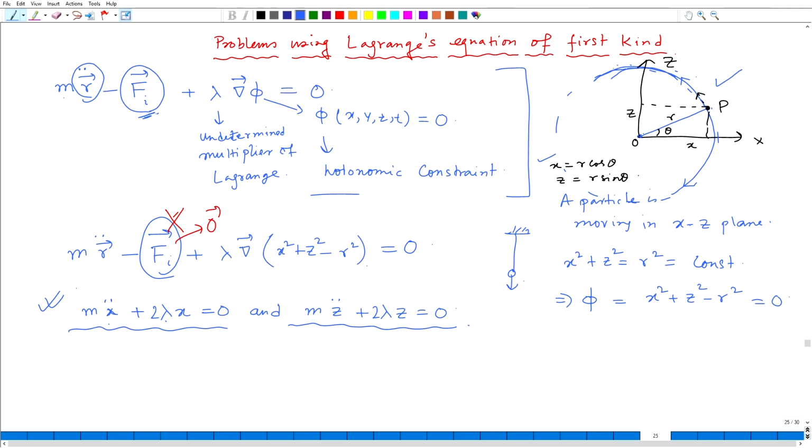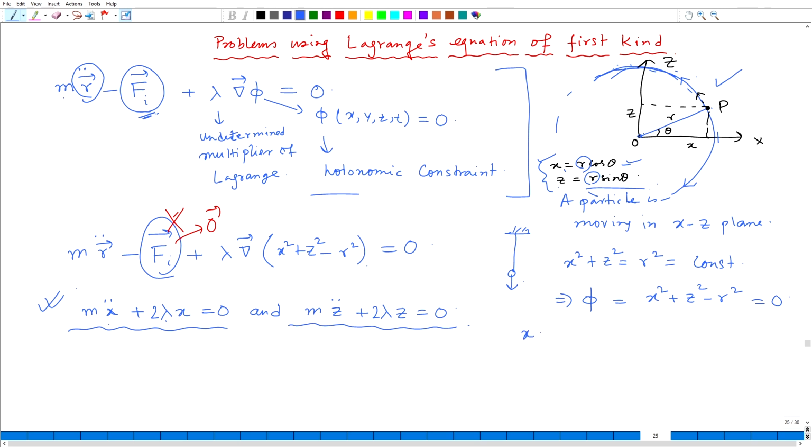For that, this is also pretty easy to do. I just use this thing that x is r cos theta and z is r sin theta, and r is a constant here. So, the only variable is theta. So, I can use this.